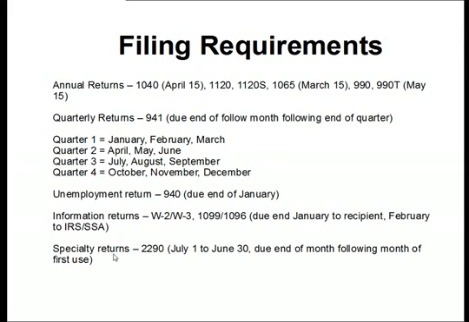The Form 2290 tax year runs from July 1 through June 30th. So you have to file that return and pay the tax on it by the end of the month following the month in which you place a vehicle in service.